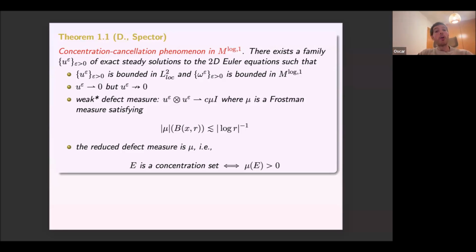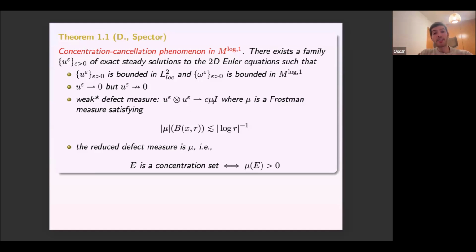So we characterize the reduced defect measure, and we obtain that E is a concentration set if and only if this measure mu, which I will describe right now, is positive. So what is mu? Mu is a certain Forssman measure satisfying this log-decay. The construction of this measure is given explicitly in the paper.